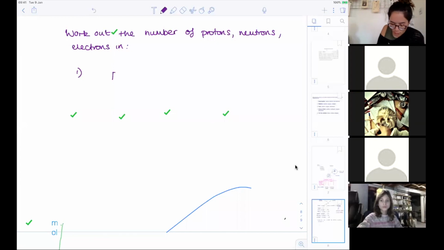Firstly, iron. Notice that iron has a strange chemical symbol. Here's your second example. And here's your third example.